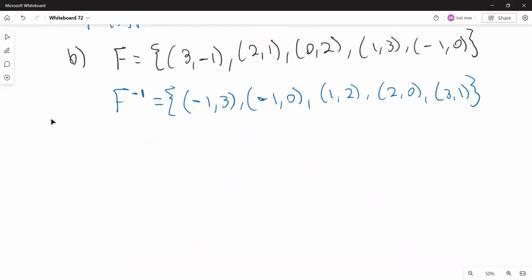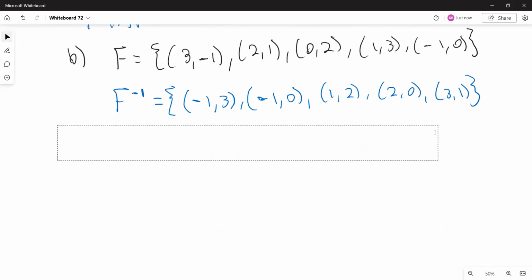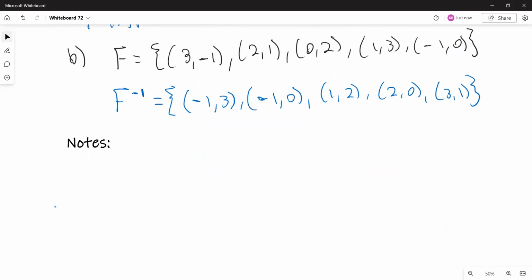There's a couple of notes. The composition of a function with its inverse. So the composition of f and f inverse must be equal to x for every x in the domain of the inverse, which happens to be the range of f.